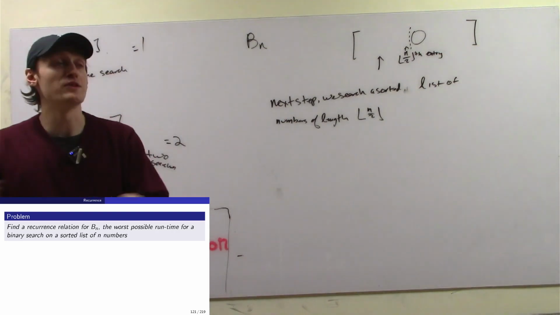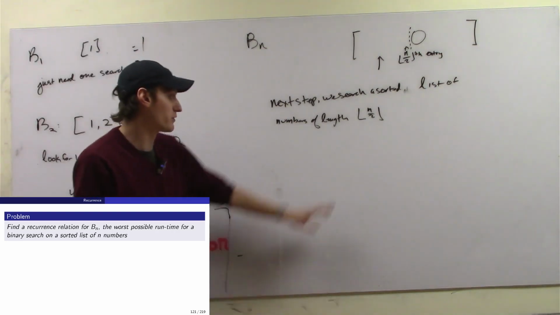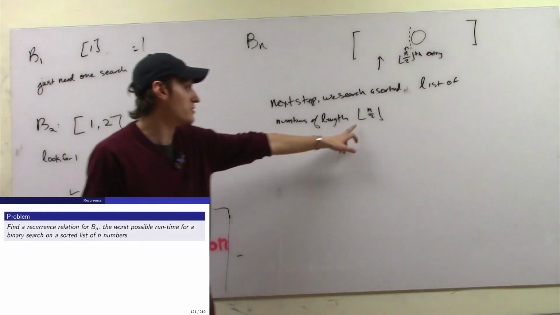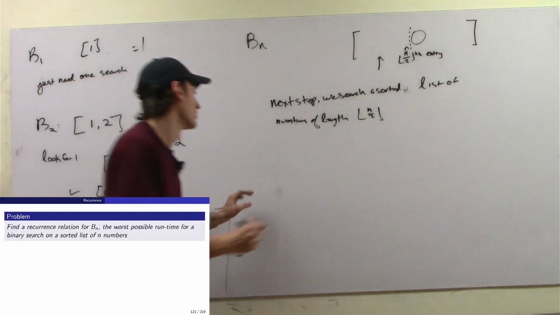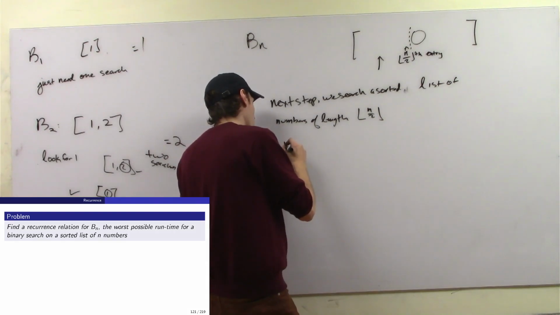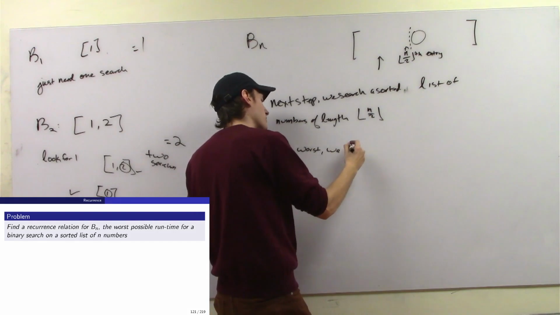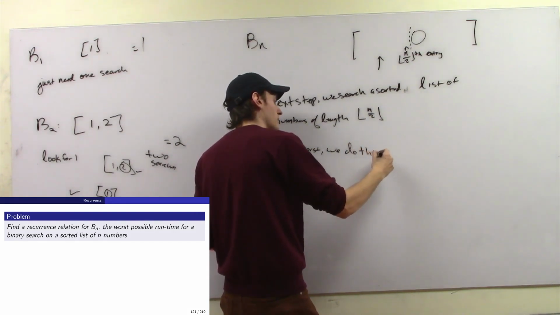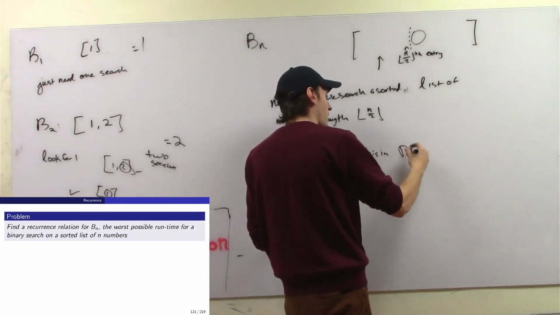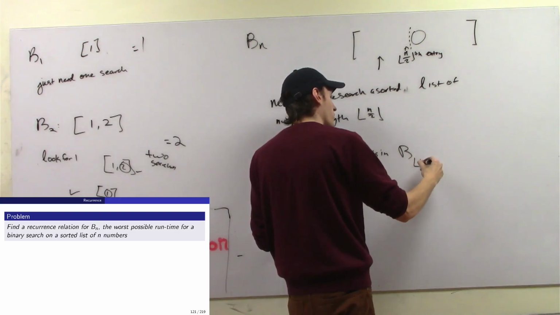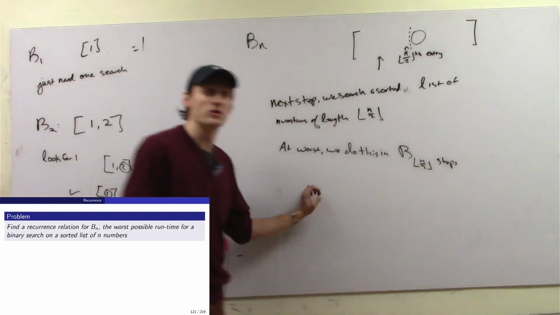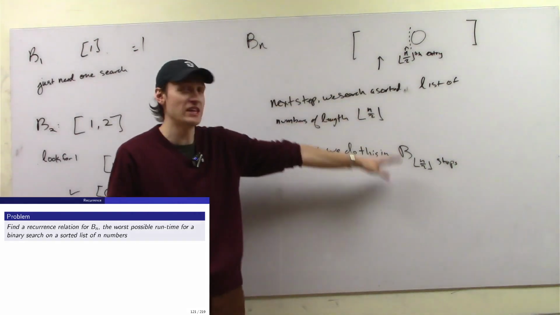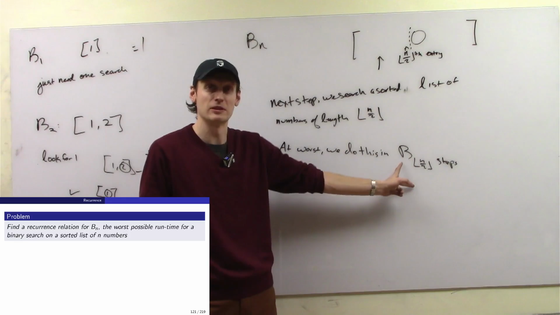The worst possible runtime to do this, at worst, we do this in capital B sub the floor of n over 2 steps. That's the worst case runtime. Either we find it here, or if it keeps going really badly, it takes this long.